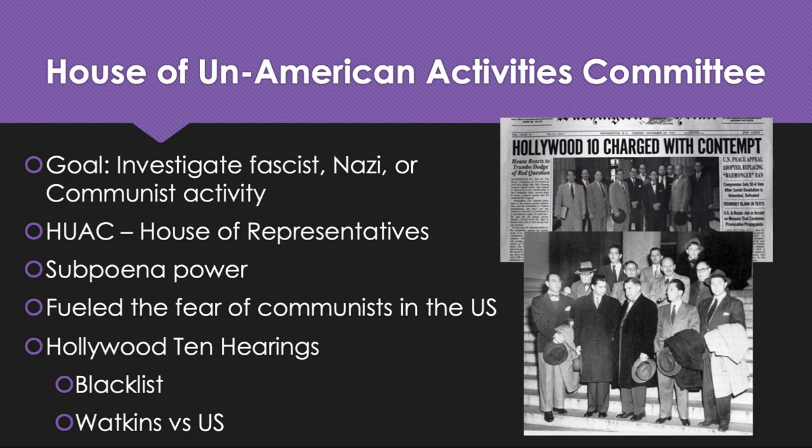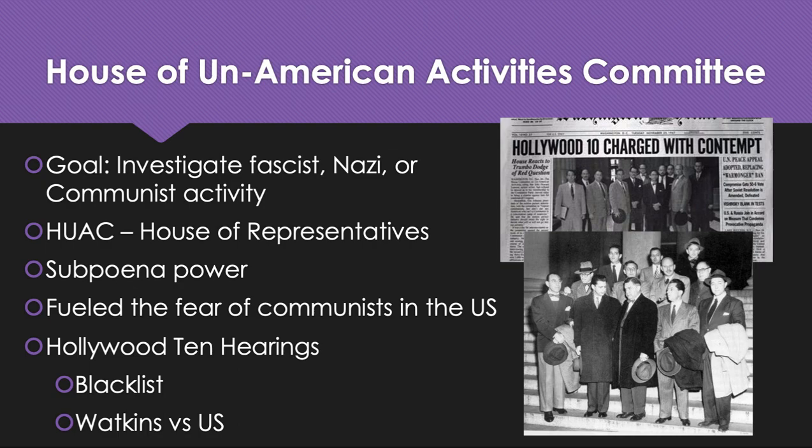The use of the Fifth Amendment by the Hollywood 10 and their following blacklist for being potential communist supporters is going to result in the case of Watkins versus U.S. In this Supreme Court case, the Supreme Court declares that witnesses before HUAC did not have to name radicals that they knew of.